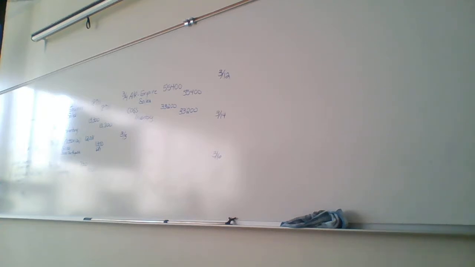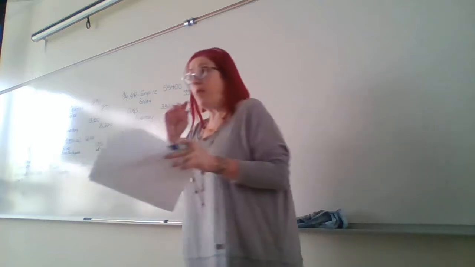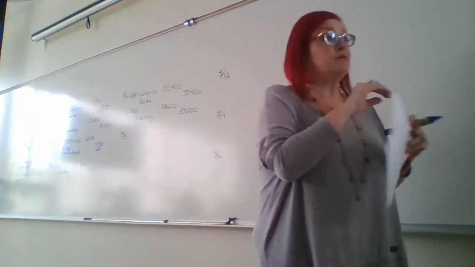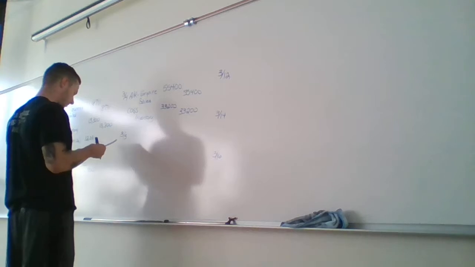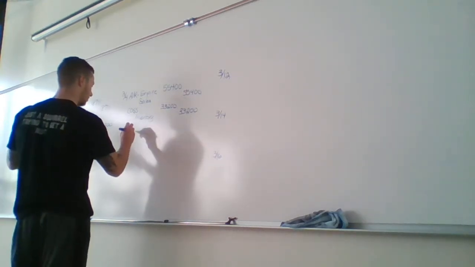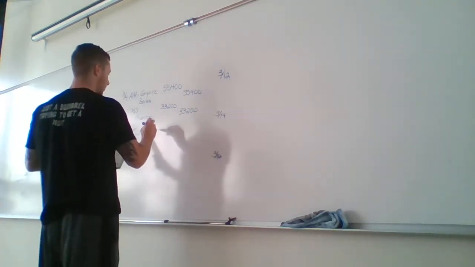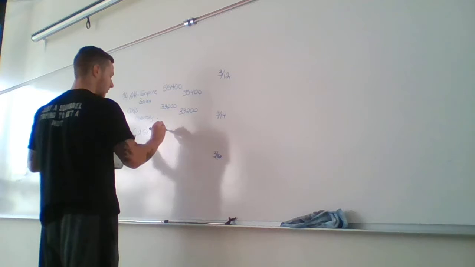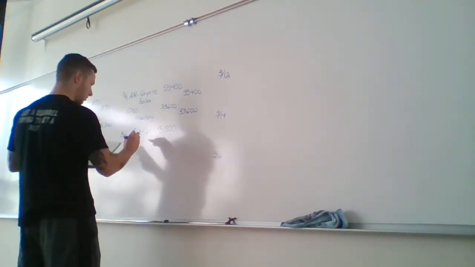Does anyone want to come up here and put up the journal entry for the 5th? So on the 5th, they sold merchandise for 30,000 plus 6% sales tax to customers who use MasterCard, and the cost of goods sold was $19,400, right?